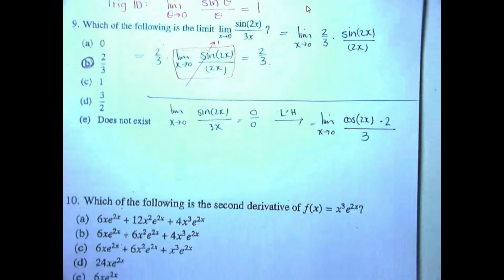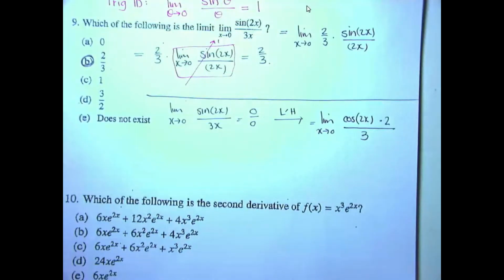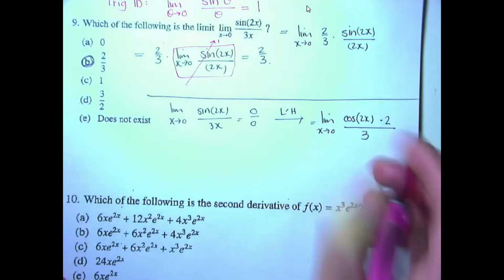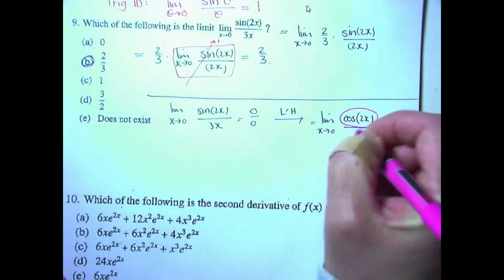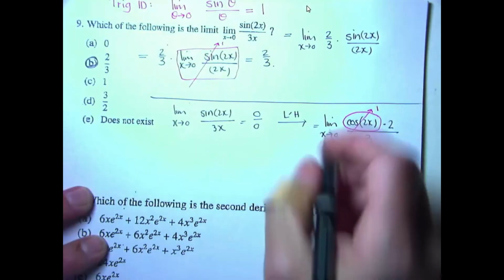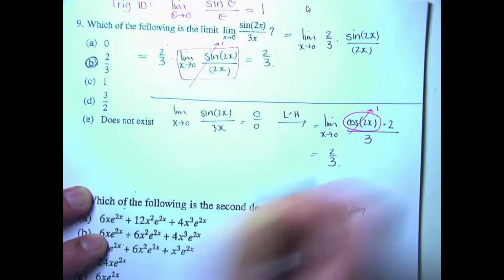And now you can try and plug the limit in again. If we plug in 0 for x, cosine evaluated at 0 is equal to 1. Hence, we are simply left with 2/3.